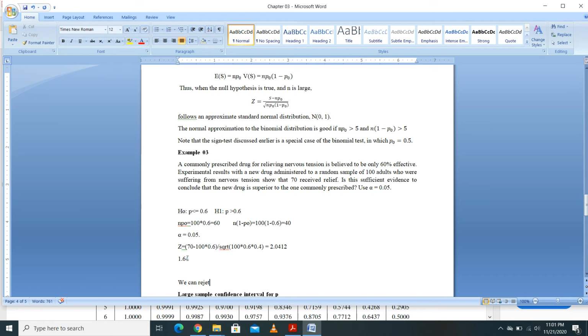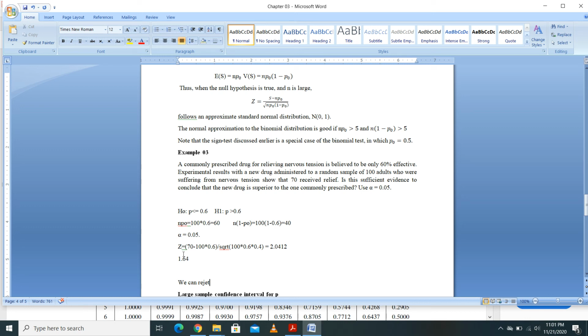I'm not going to discuss how to find this critical value using the standard normal table, as you have already discussed that in your first 2 years. By now you should be able to find those critical values. If the test statistic is inside the critical region, we reject. Here it should be greater than 1.64.